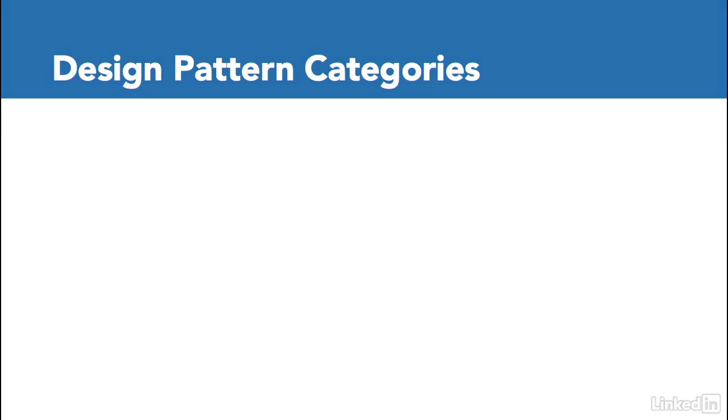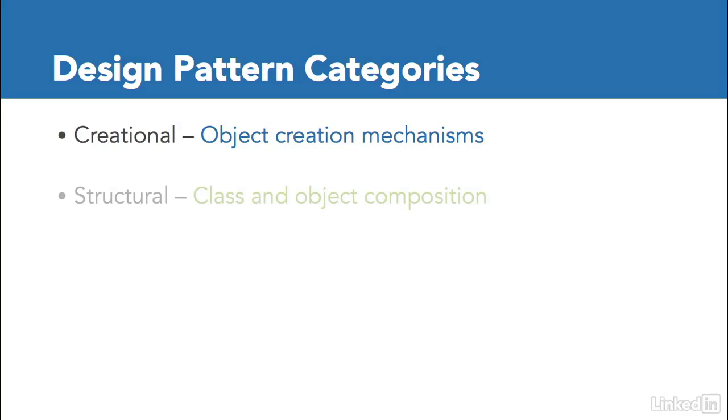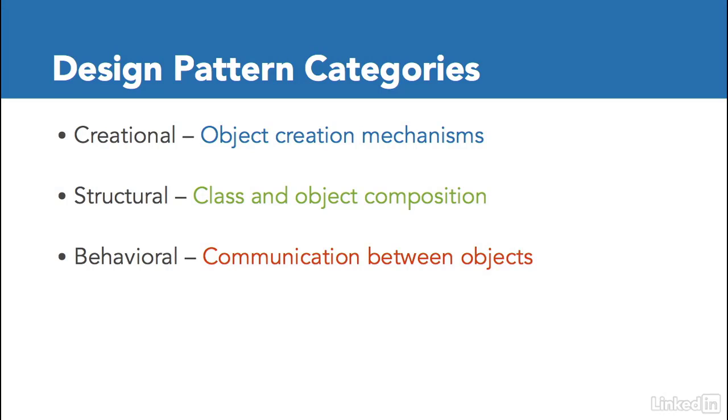There are three categories of design patterns. The first is creational, then there's structural, and then behavioral. Creational patterns provide a way to make objects while hiding the creation logic, rather than instantiating objects directly. In short, they deal with object creation mechanisms.